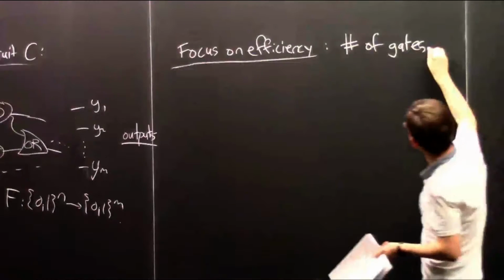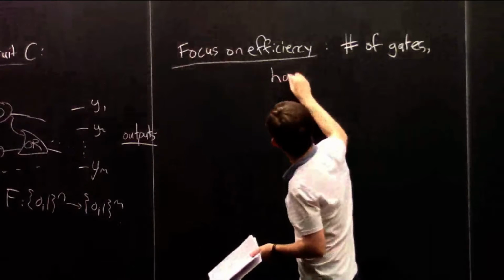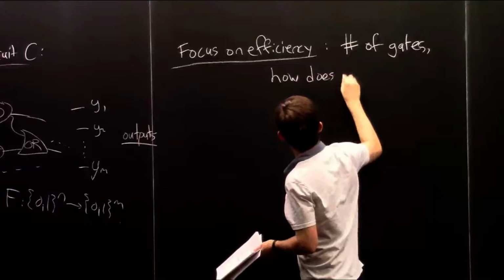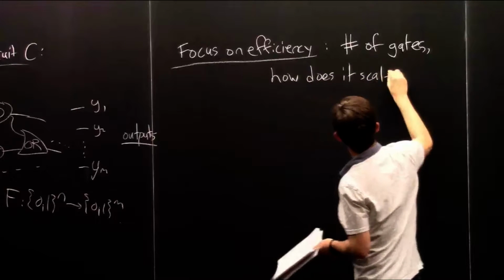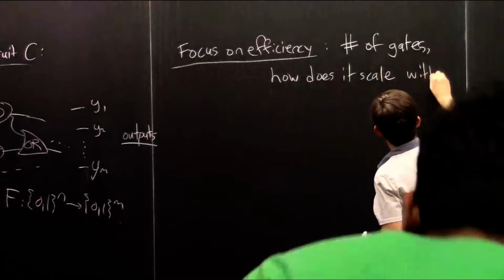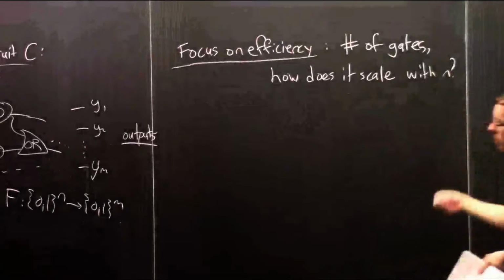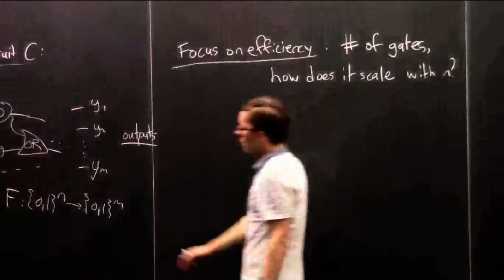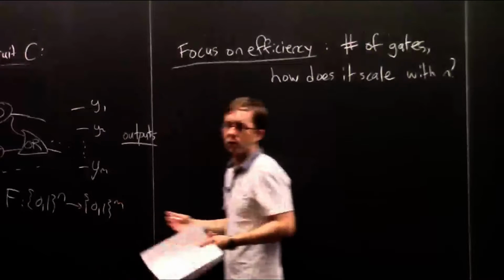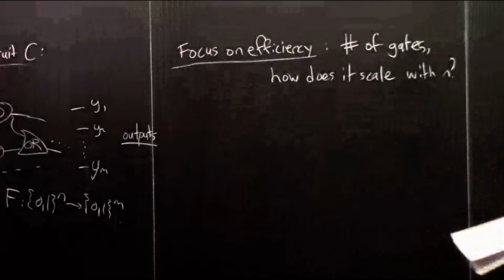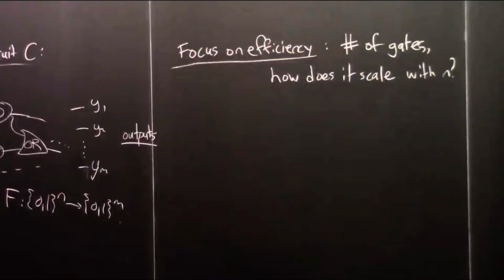And not just that, but how does this scale with n? These are the two main questions we'll focus on. Again, take for example the problem of deciding if a number written in binary is prime or not. You want to solve this for differing values of n and understand how many gates your circuit needs as n grows.